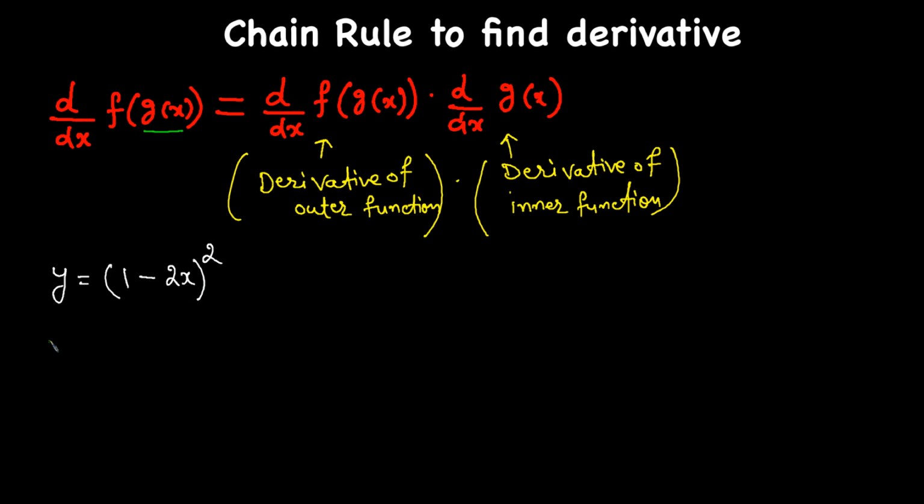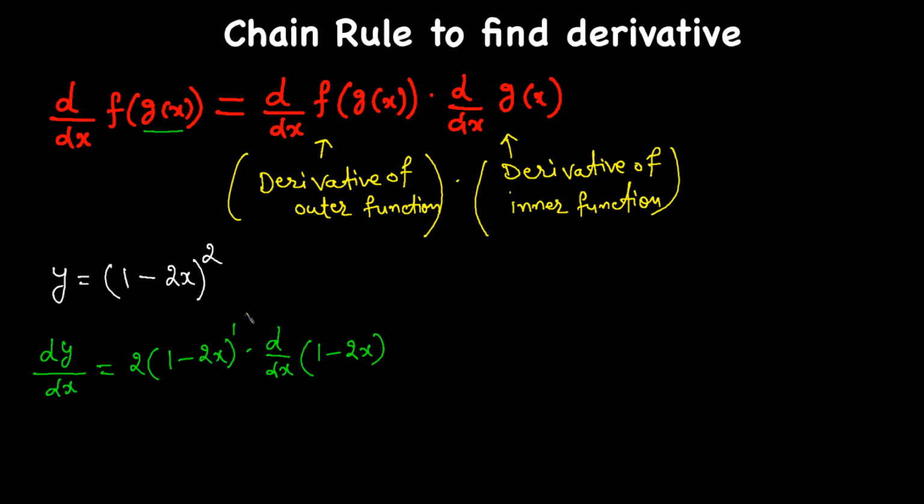That means dy over dx is going to be equal to, we're going to use the power rule first, 2, the derivative of the outer function, times (1 minus 2x) raised to the power n minus 1, so 2 minus 1 is 1, times the derivative of the inner function. The inner function here is 1 minus 2x.